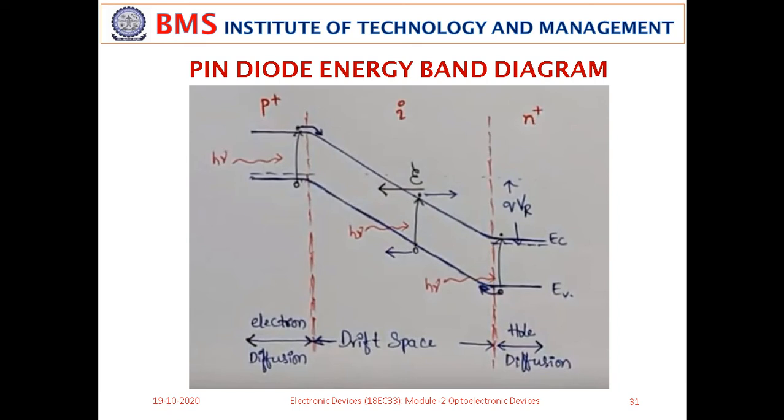So, the optical generation rate increases when the photon energy keeps increasing, and the corresponding current also keeps increasing. And you can also make an observation here: there is a split in the energy band. There is a Fermi level here that has split. This is the Fermi level on the p side, and this is the Fermi level on the n side, and you can see the pin diode is operated in reverse bias, and the barrier height here is going to be Q times VR.